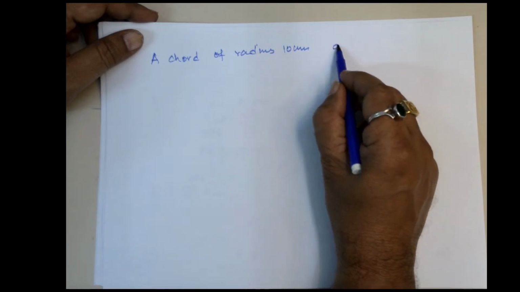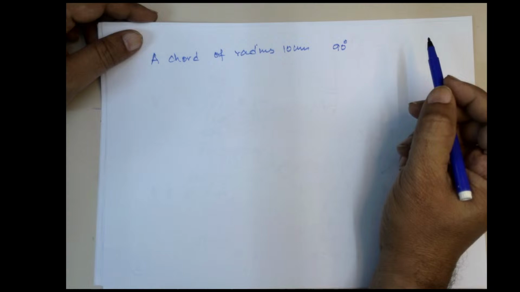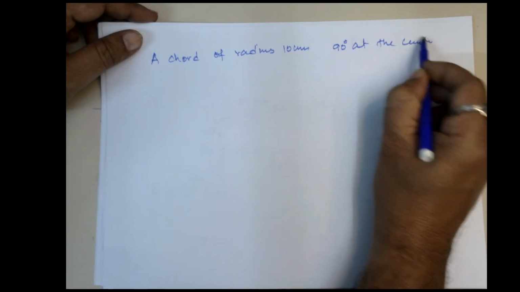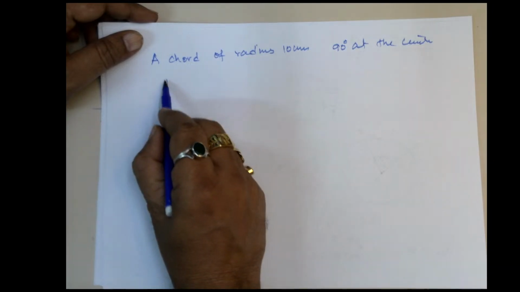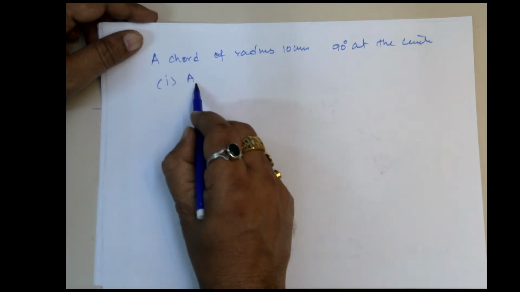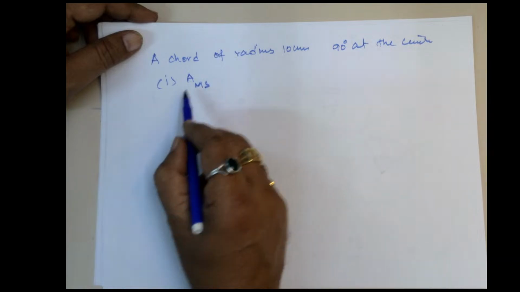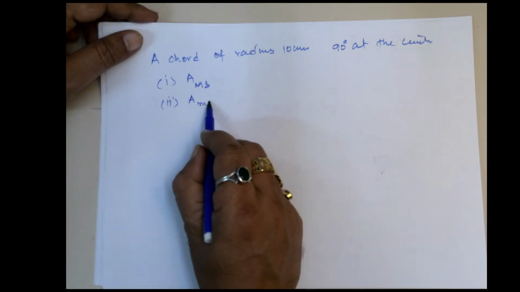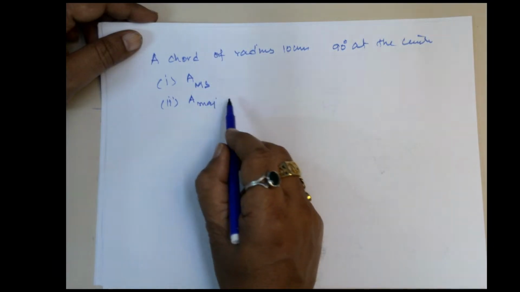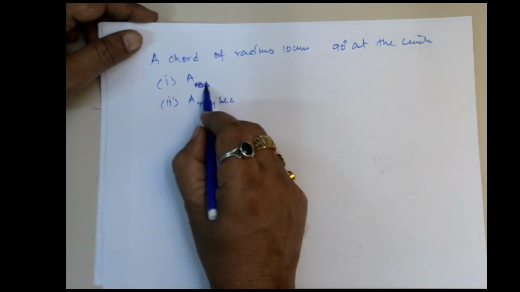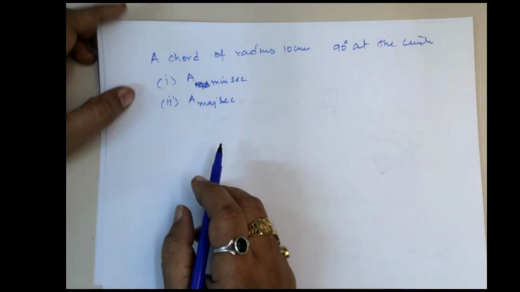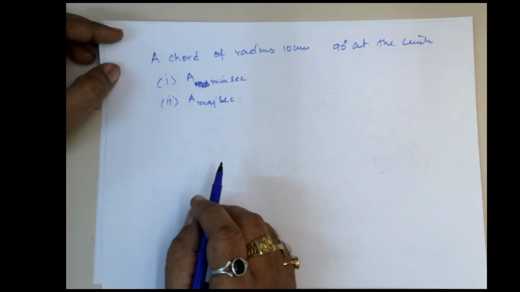Right angle means 90 degree, at the center. Find the area of minor segment and that of major segment. So you have to find out the minor segment area and major sector area.